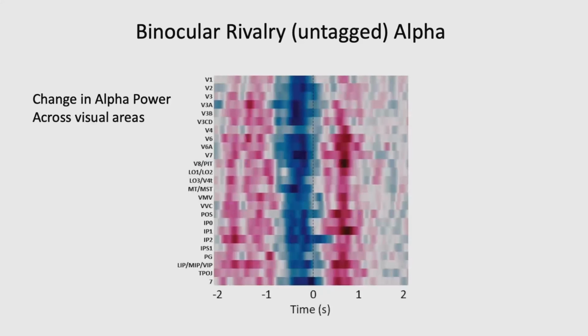There are many ways to analyze this data. I show you these plots in V1, but as you pointed out in the audience, I could make alpha power plots for lots and lots of regions of interest. So this is a very rich data set. We're still in the process of analyzing this.